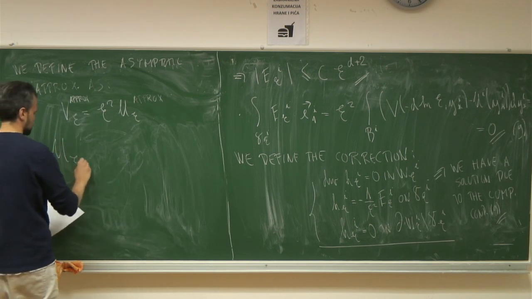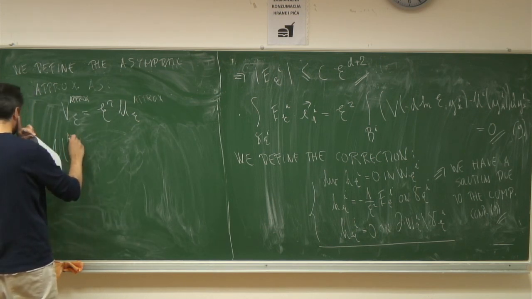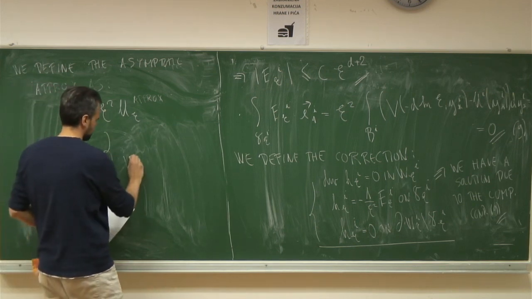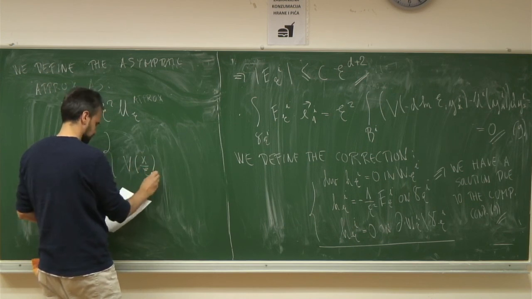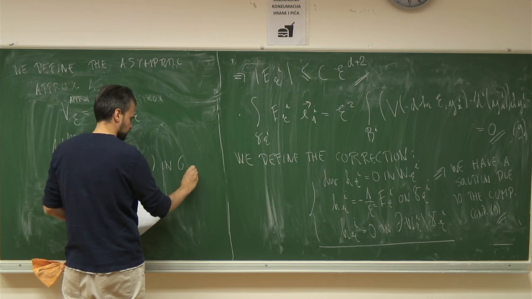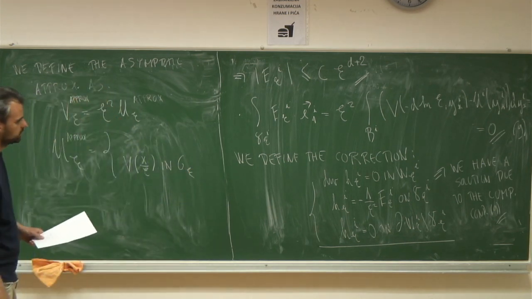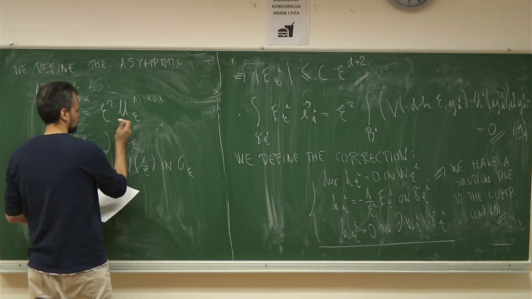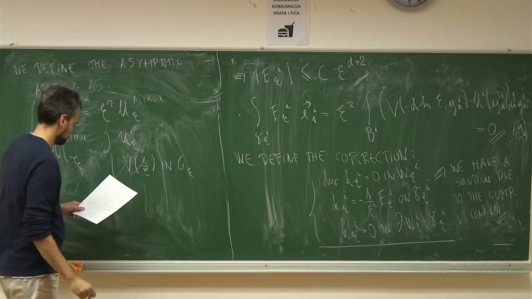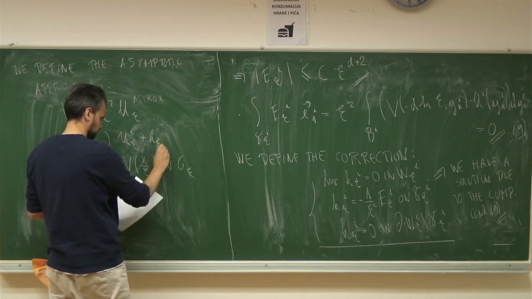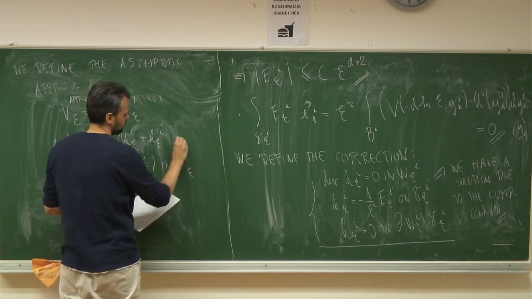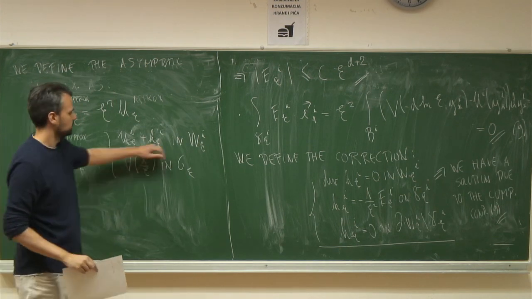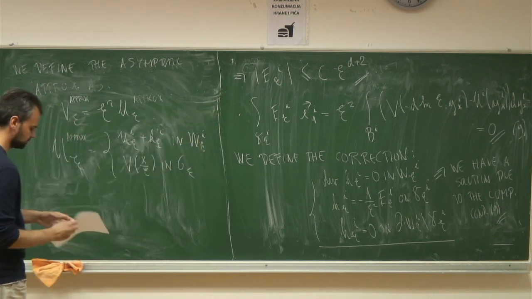It's V of x over epsilon in G epsilon, so in the interior layer near the junction, and U epsilon I, the calligraphic U epsilon, plus the correction, which will improve your estimate, and V epsilon I in the rest of the pipes until the end.